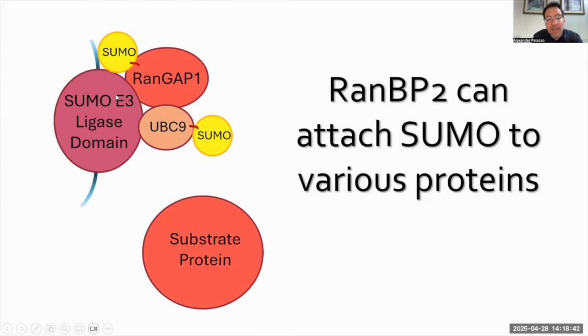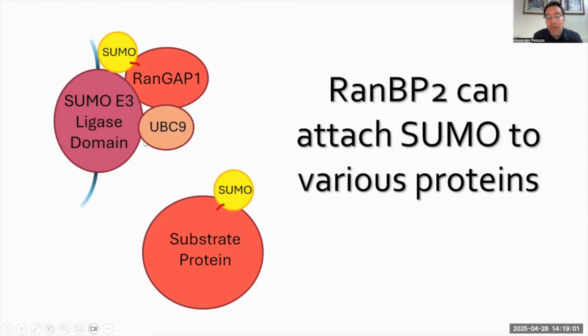On top of that, this E3 ligase domain binds to UBC9, which is also known as the E2 SUMO ligase. This is attached to SUMO, but UBC9, unlike RanGAP1, can do something tricky with its SUMO. It actually transfers that SUMO to other proteins that are nearby.